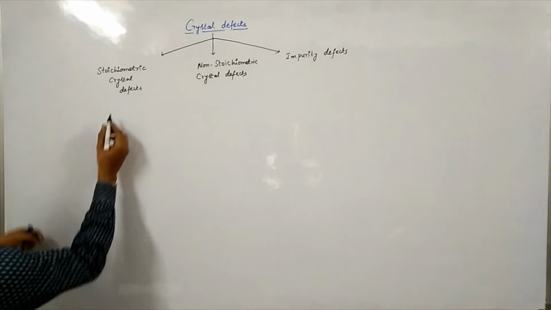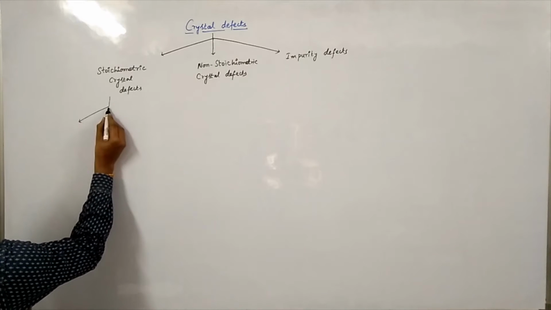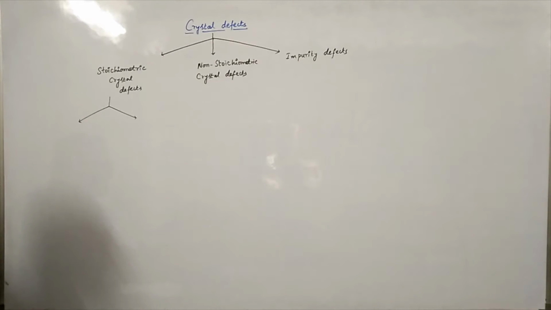Stoichiometric crystal defects are again classified into two types: point defects and interstitial defects.